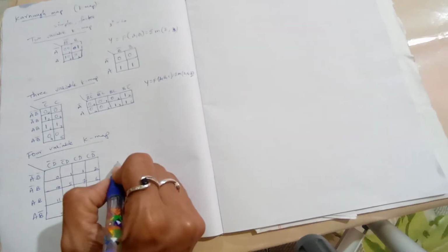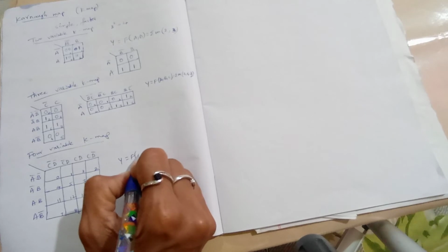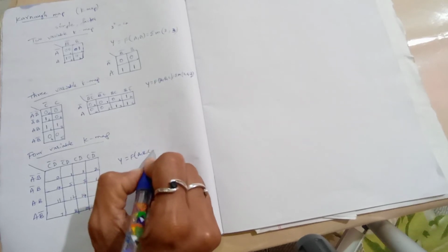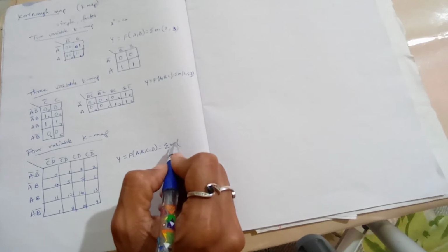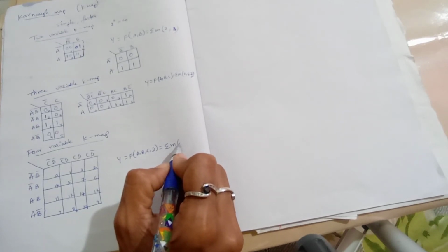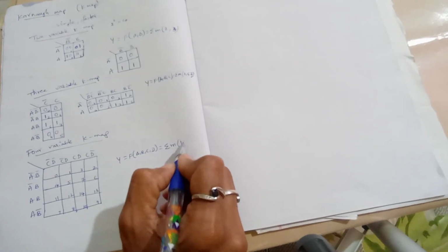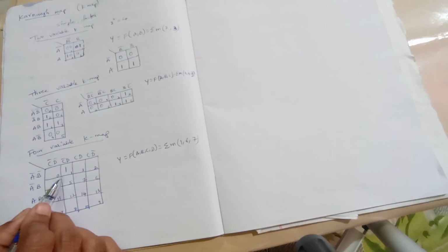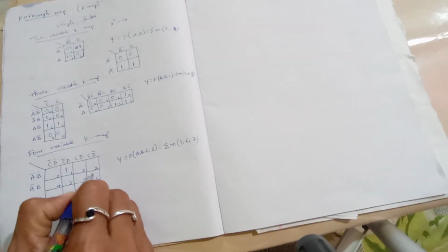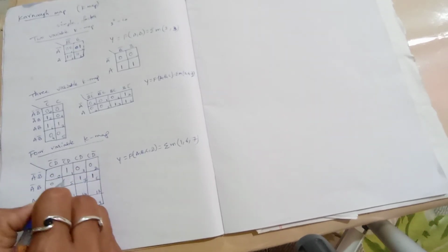Now example: y is equal to f of a, b, c, d, 4 variables, summation m of, in the given example, we can take any numbers, 1, 6, 7. That means in cell number 1 the value becomes high, as well as 6 and 7. Remaining all will be 0 values.